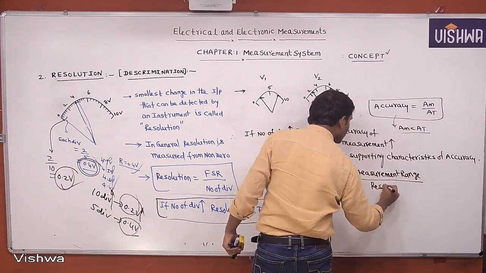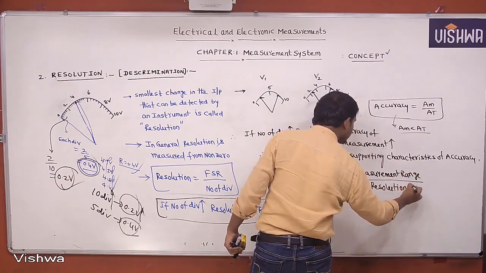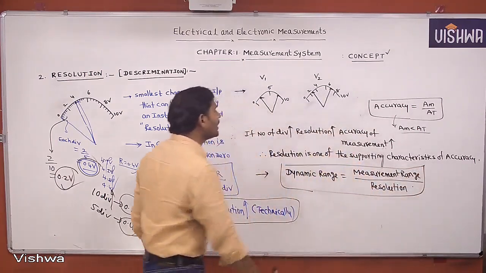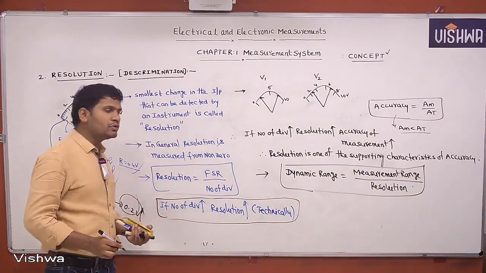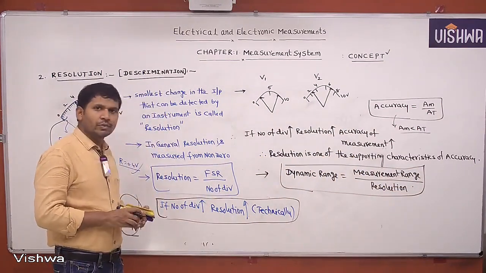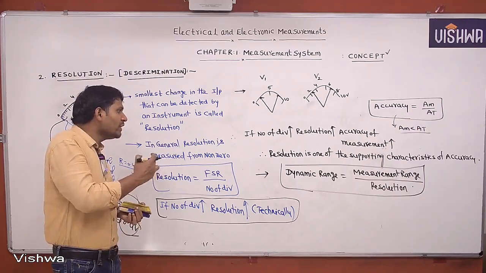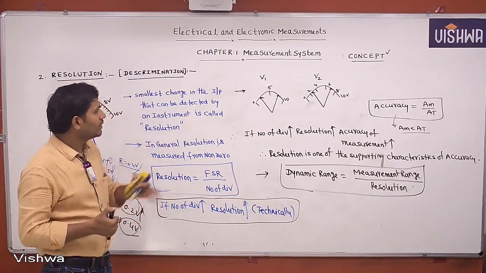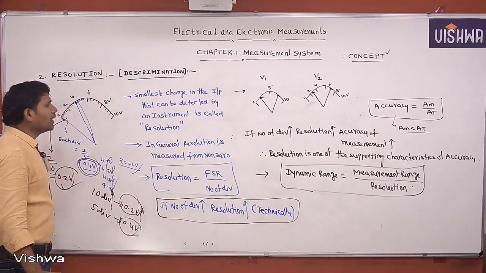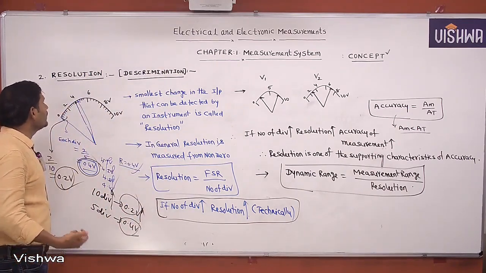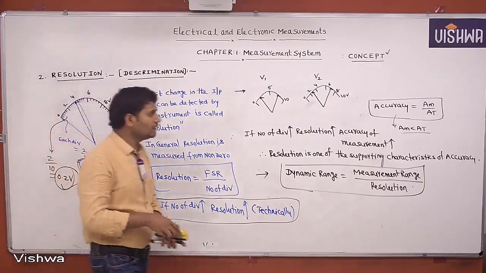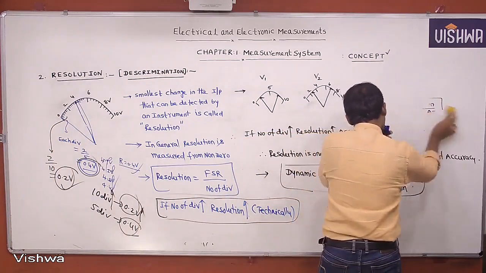By knowing the resolution, we can determine the dynamic range. Okay, note down. This is about what exactly the resolution of an instrument is, or it is also called discrimination. Clear? Note down quick.